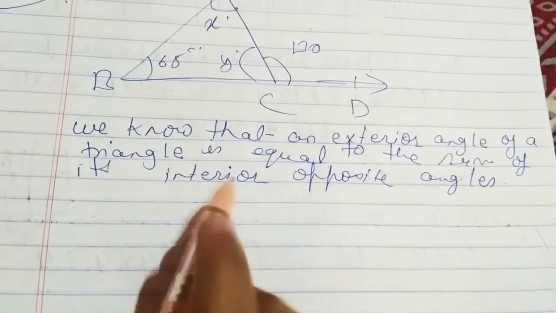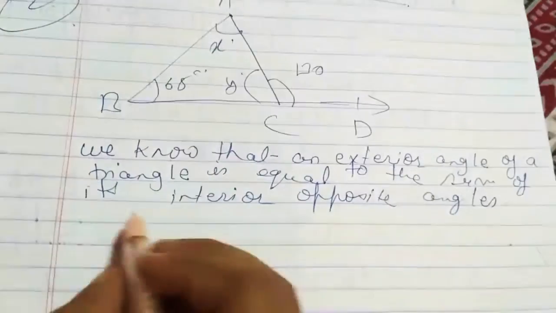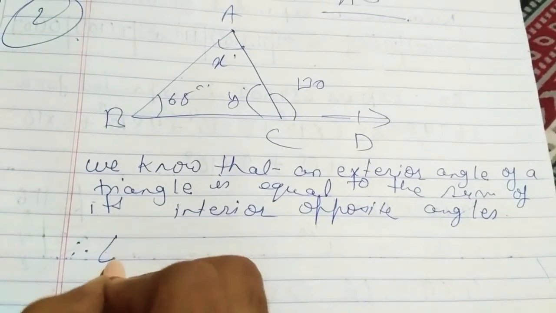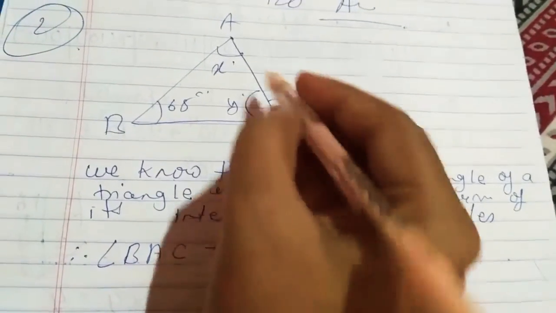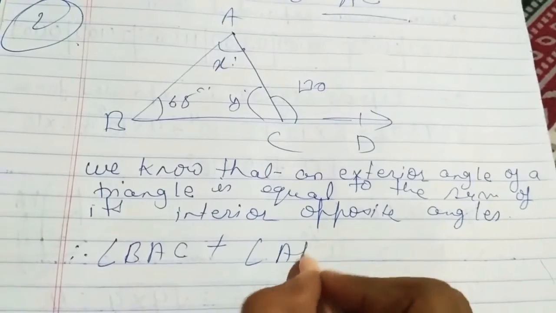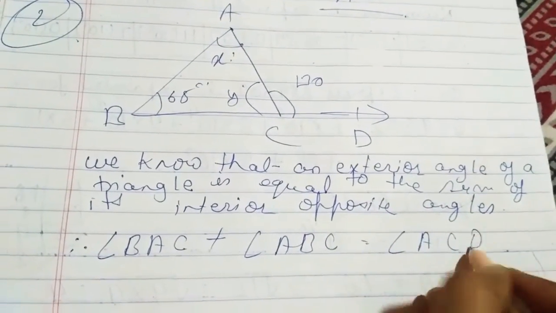Next step is, you write the property like this. Now you add both of the angles. Therefore angle BAC, that means this angle, plus angle ABC equal to angle ACD.